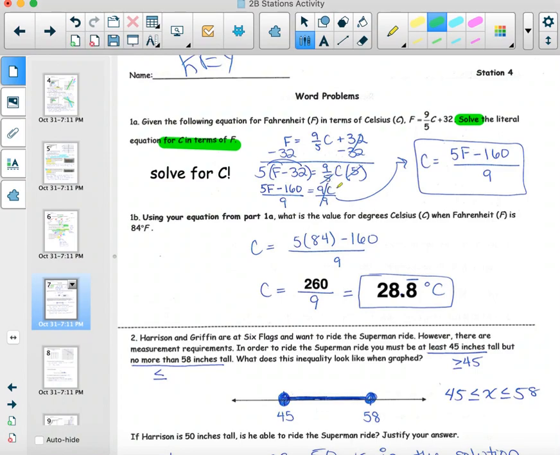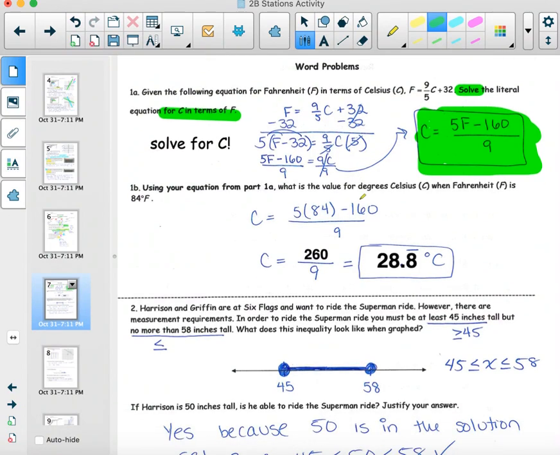So 1 over 5, the inverse of that would just be 5 over 1, so I multiplied both sides by 5. After that, I then distributed that 5 into the F and to the -32. And then I divided by 9 on both sides, and I left my answer as is right here. So all I wanted you to do was just solve for C. That's it. Don't make it more complicated than it needs to be. Leave your answer as is.